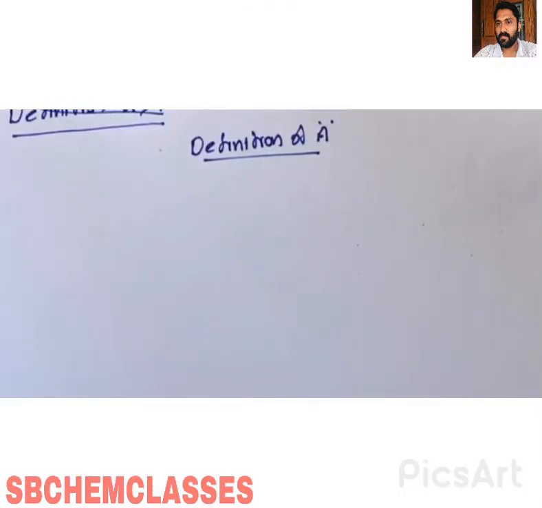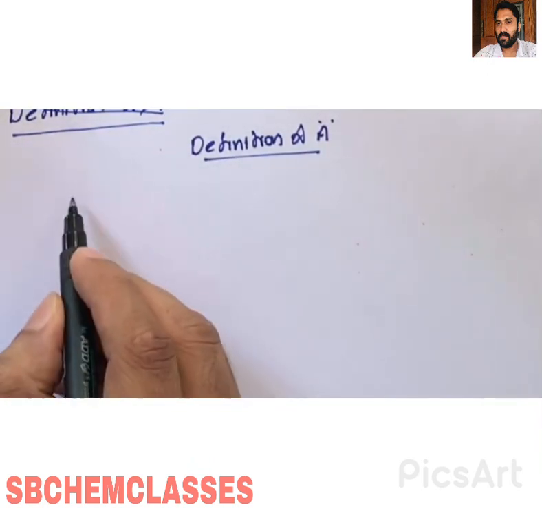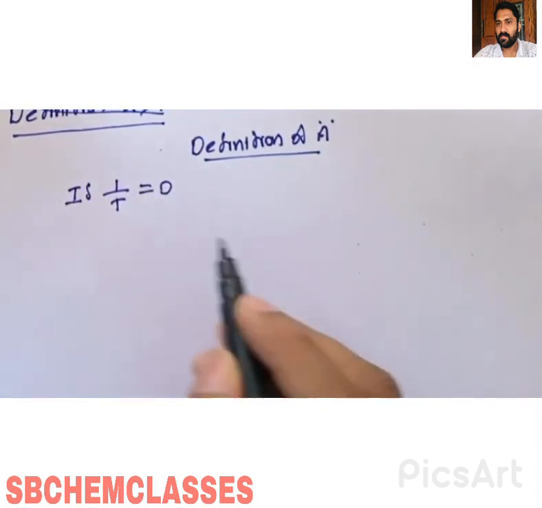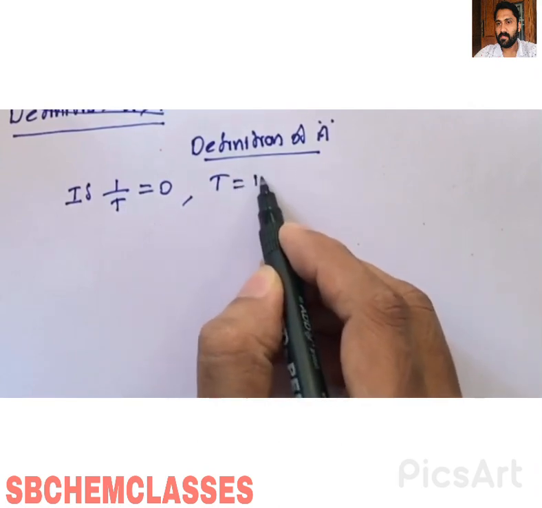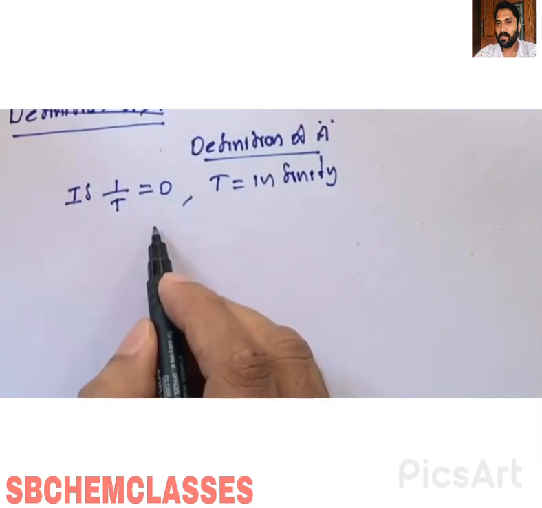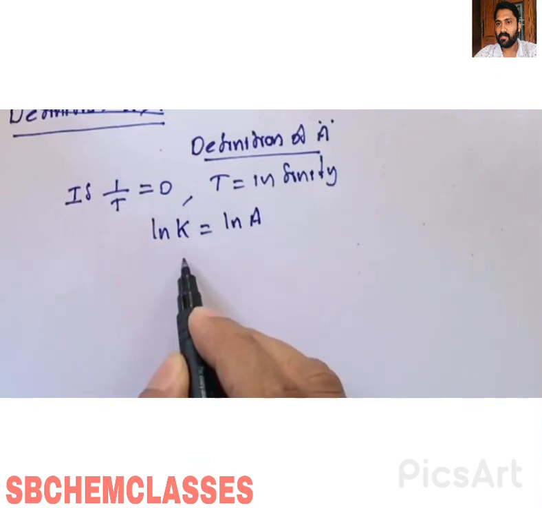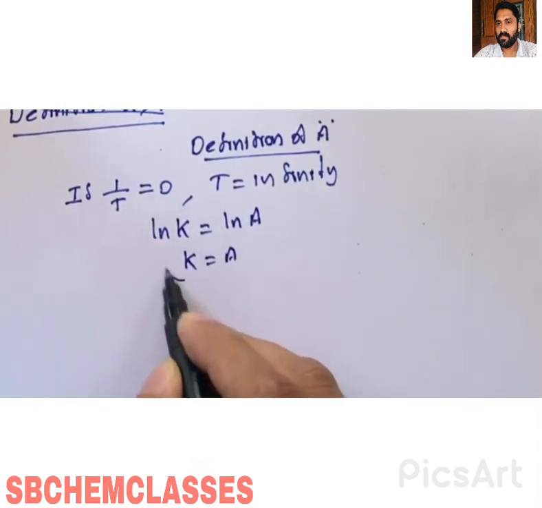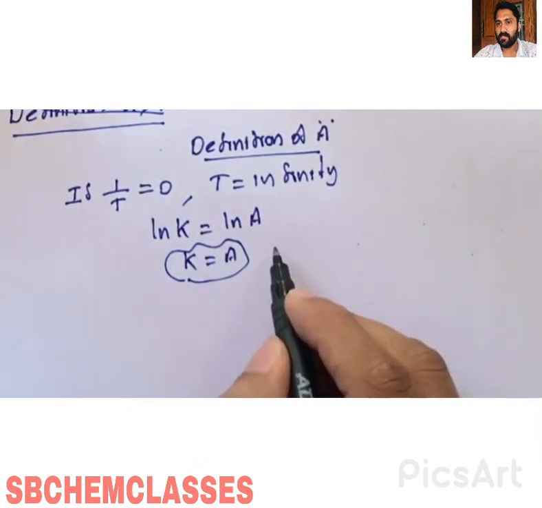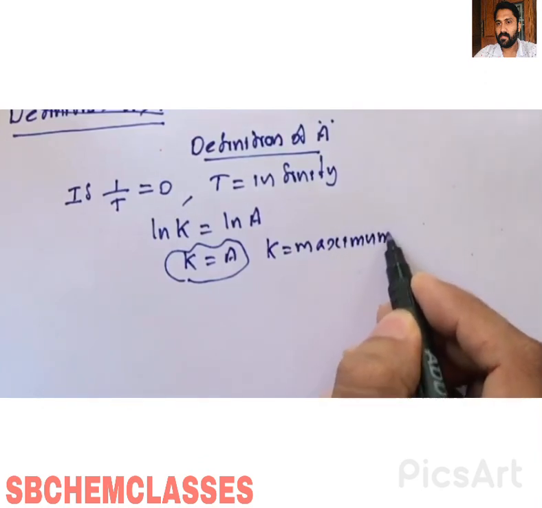From the above graph, we have to determine the definition of A. Very simple. If 1 by T equals 0, temperature is infinity. At that time, ln K becomes ln A. That is, K becomes A. When temperature is infinity, K has its maximum value. Why?